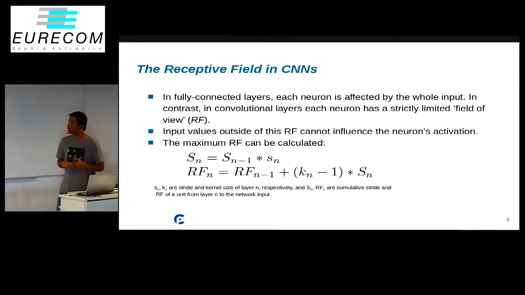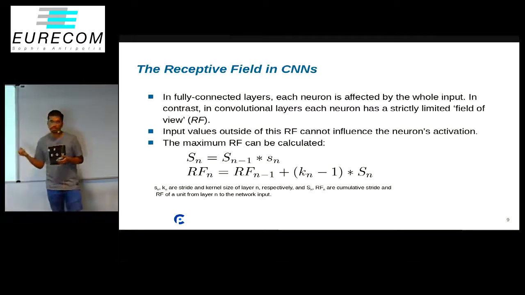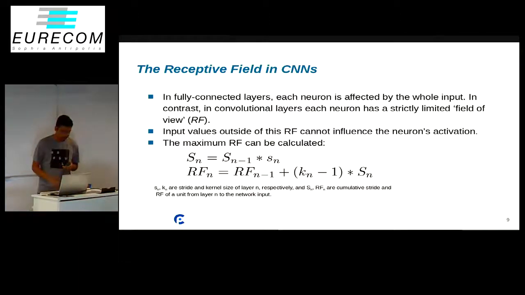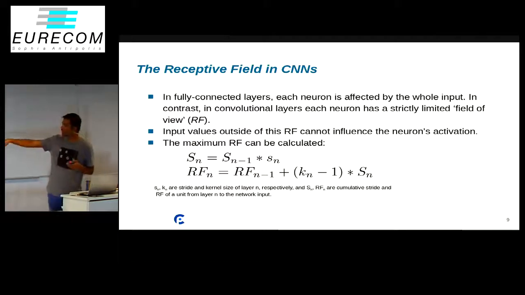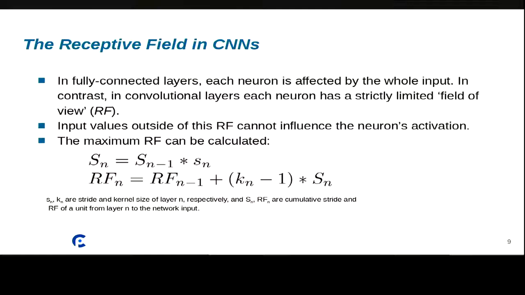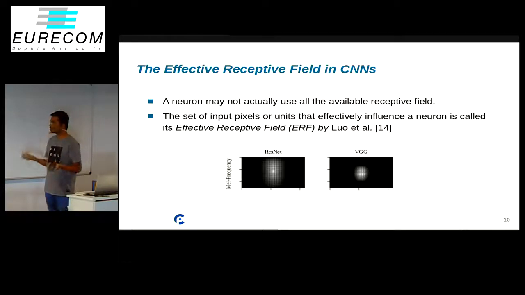So with this formula, we can calculate the receptive field that the output sees on the input. And here S are the stride values, and K is the kernel size of the layers. And we can also calculate what is the effective receptive field.